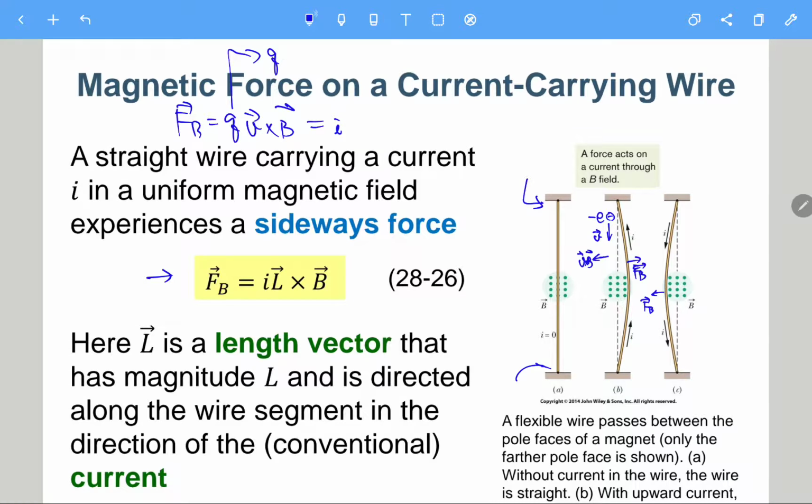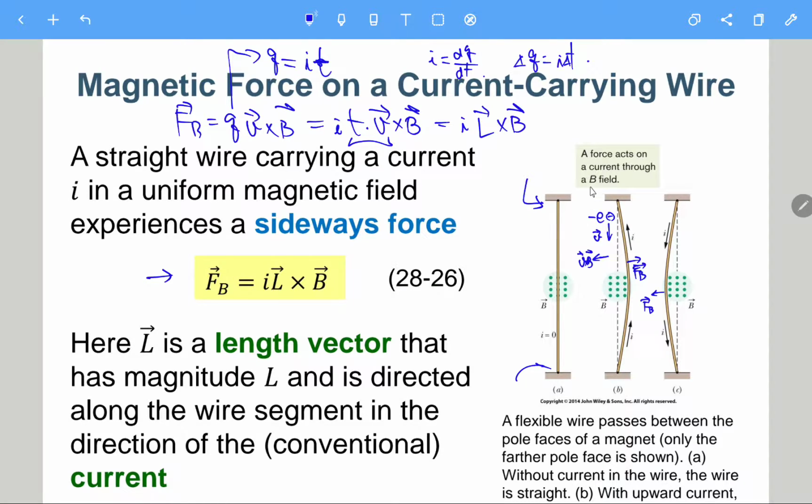Originally, we have I equals dq/dt. But if we assume the current is a fixed current, we can write it as Q equals I times T, or delta Q equals I delta T. So in this case, we have IT times V cross B. This V times T is actually a length, so we can write it as I L cross B.